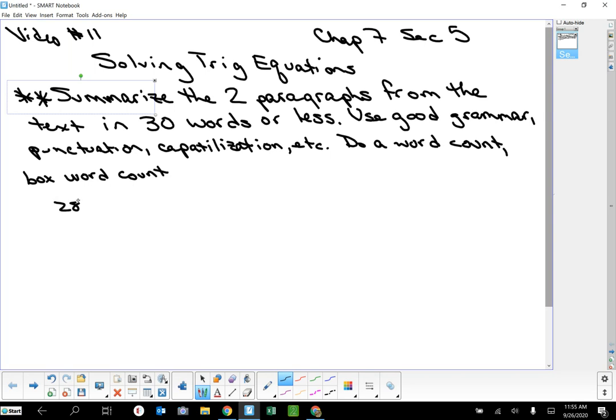So you might have 28, put it in a box. Okay, so summarize the 2 paragraphs from the text in 30 words or less. Use good grammar, punctuation, capitalization, etc. Do a word count, box your word count, and then continue your notes.